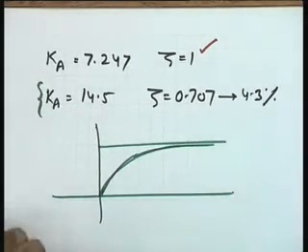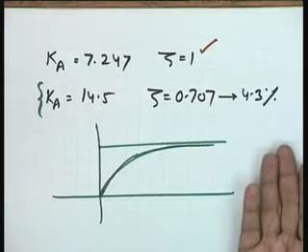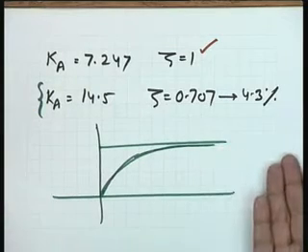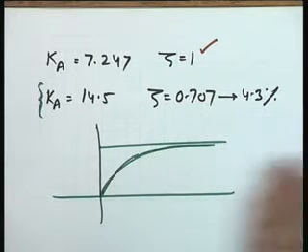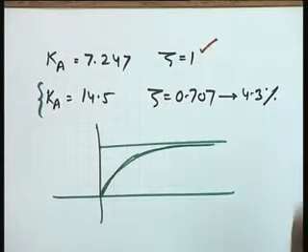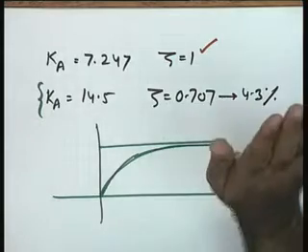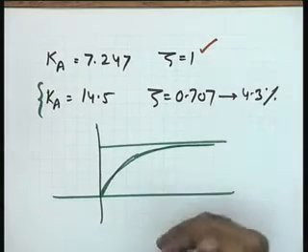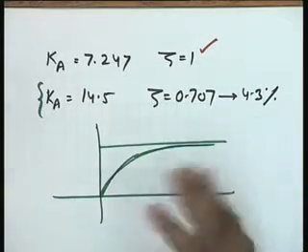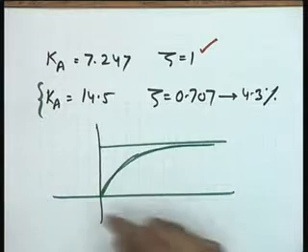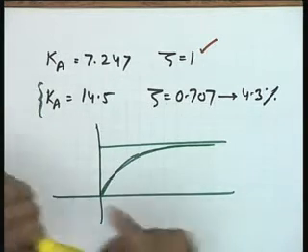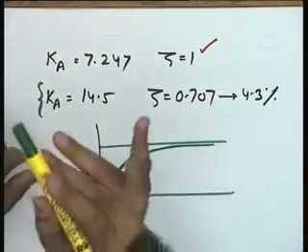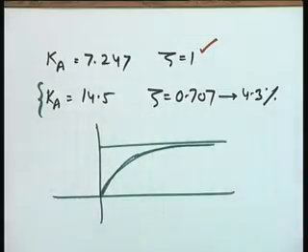Of course, rise time as such is not defined because what is rise time in this case, please? Literally, if you apply your definition, it is infinity, because it will cut that axis only at infinity. So rise time actually is defined for underdamped system. Let me not use the word rise time for this application, but settling time I can of course define, and the settling time in this particular case is reasonably large, as we have discussed from the normalized settling time versus zeta curve, you can recall.